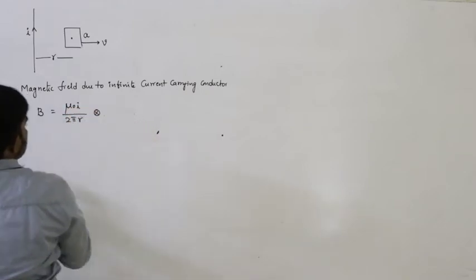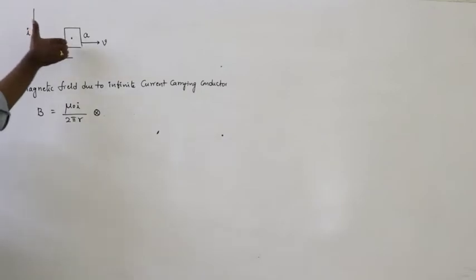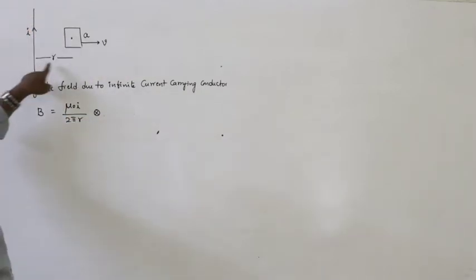This is inward because of the curling of the fingers, mu naught I by 2 pi r, because it is at a distance r.